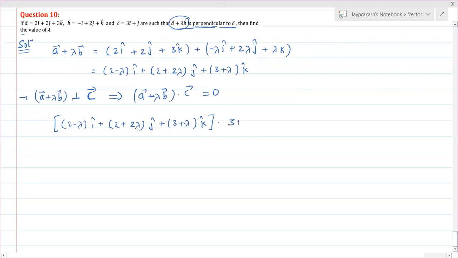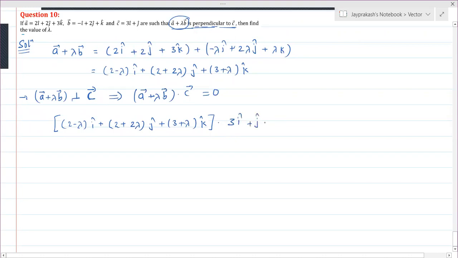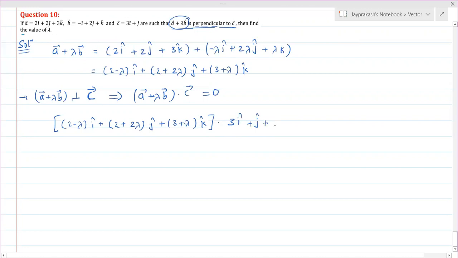And we have vector C is 3i plus j. And for your convenience, you can write here 0 k.